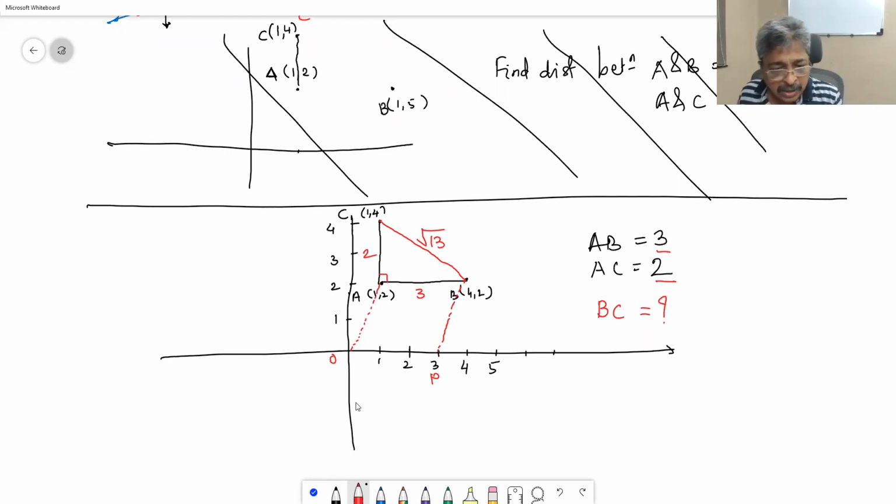Let me ask you another question. There is a point here, P, with coordinates x1 comma y1. And there is another point here, Q, whose coordinates are x2 comma y2. Find distance PQ.